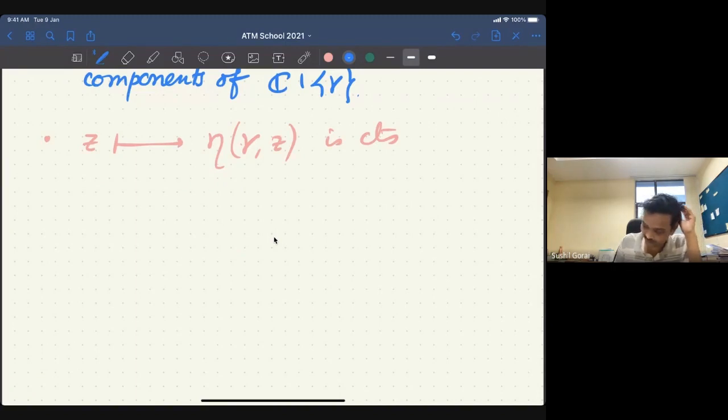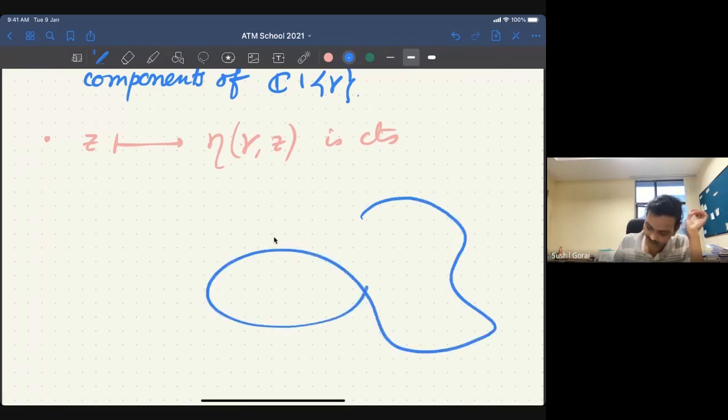Suppose this is your gamma going this way, this way, this way, this way. And suppose A and B are two points such that the line joining A and B does not intersect gamma.